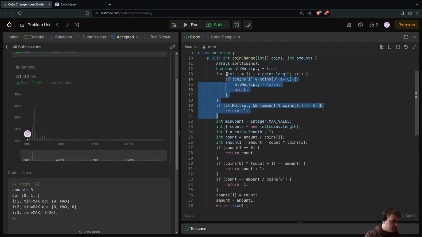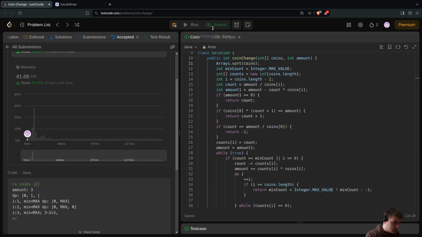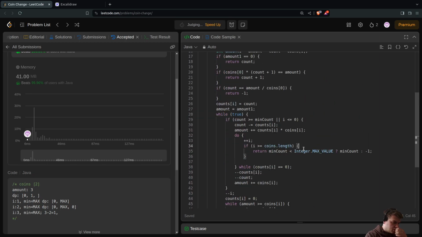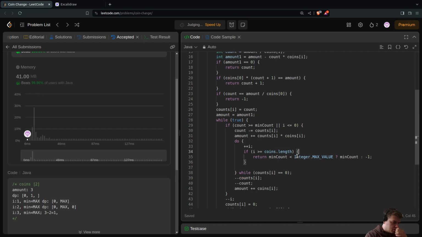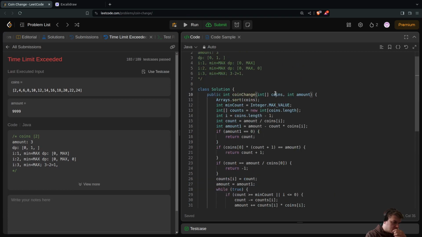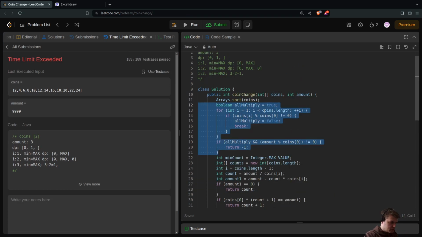If I remove this one to simplify it, huh, interesting.